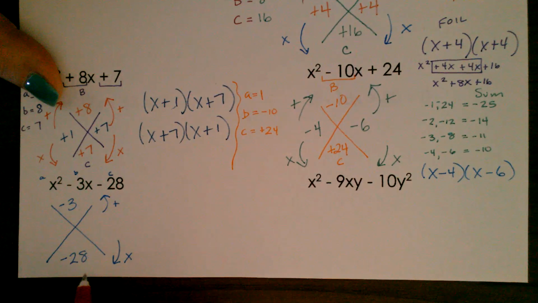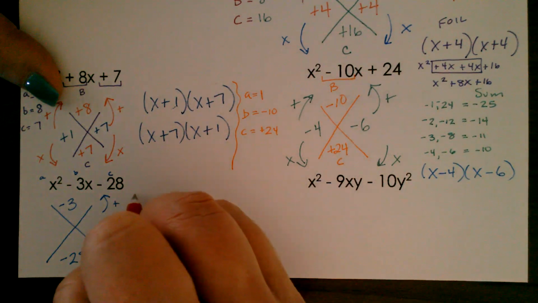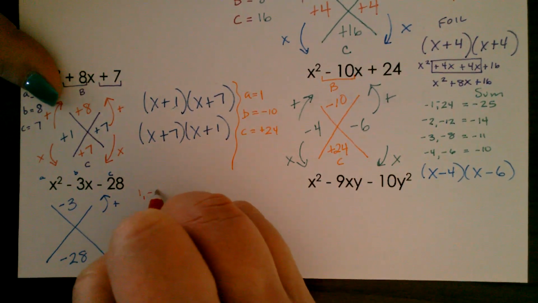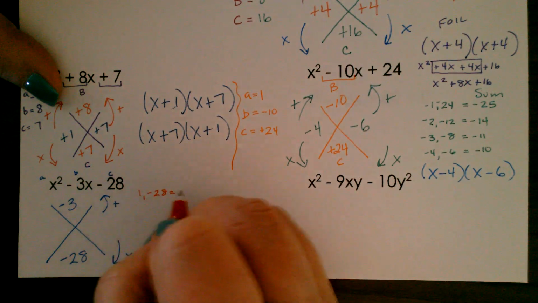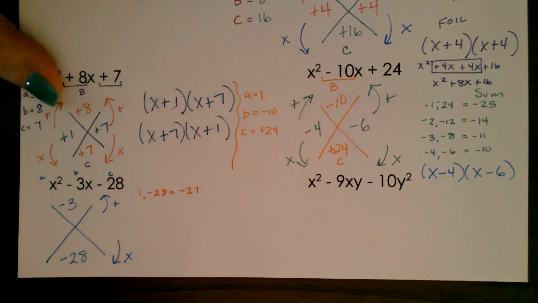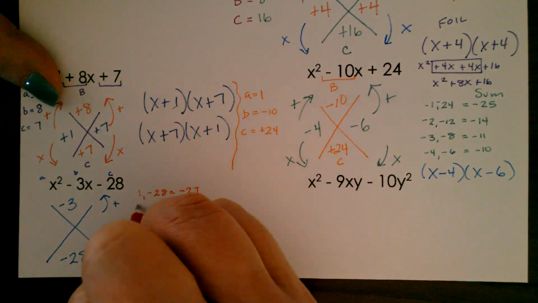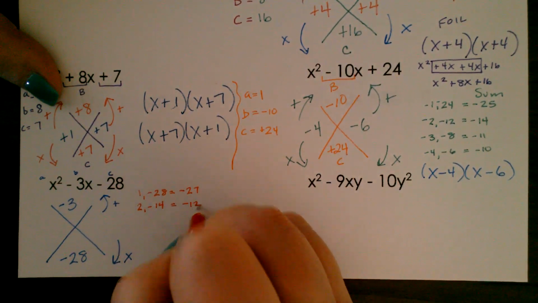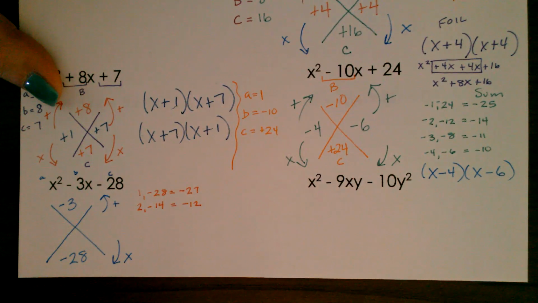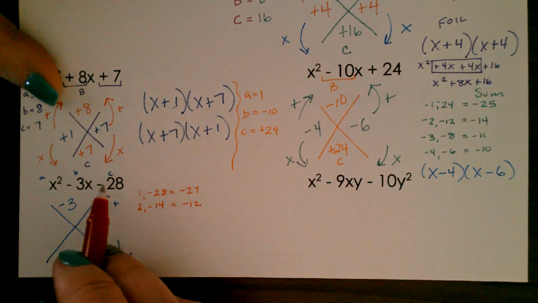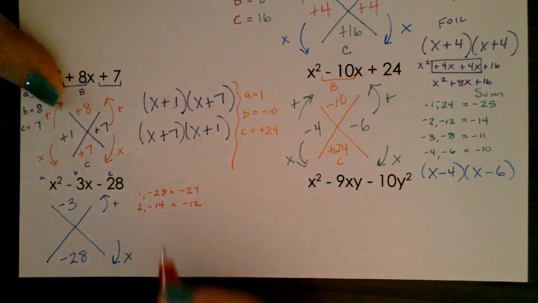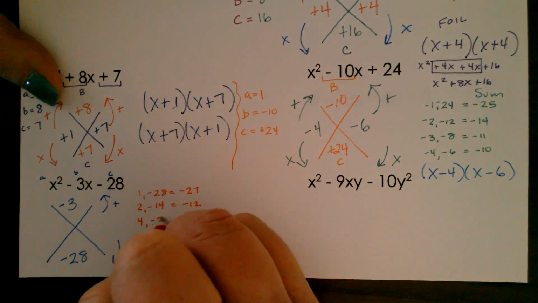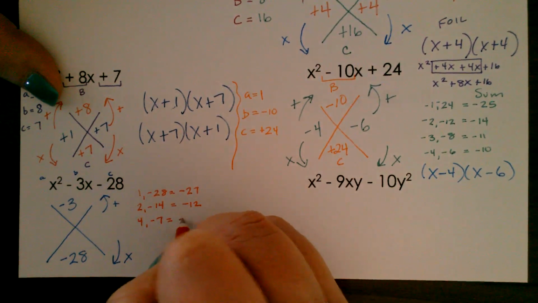So will the factor that is the greatest be a positive or negative number? It will be the negative. So I could do 1 times negative 28, but that would get me a sum of negative 27. 2 times negative 14, that gets me a sum of negative 12. 3 does not go into 28. 4 times negative, oh, there it is.